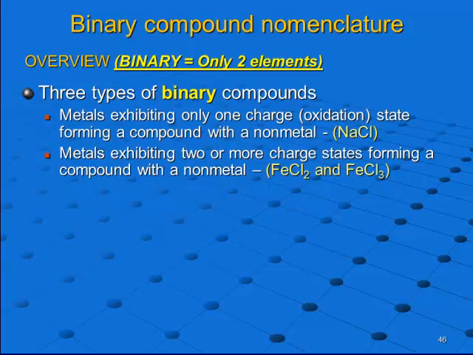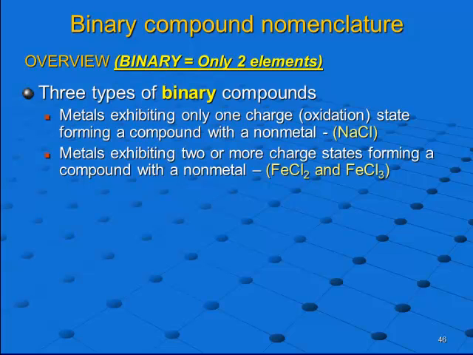Now the example just before was sodium and chloride. Sodium will always have a charge of +1. Iron's one of those transition metals. And that's why you're going to look at the salt, and first of all figure out, is the metal a representative metal or a transition metal? And then we name those differently. Okay? So these are the two rules.